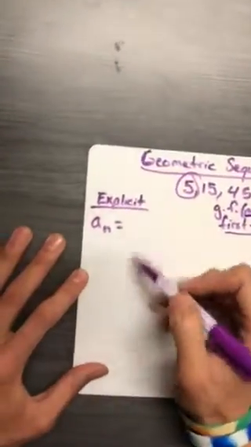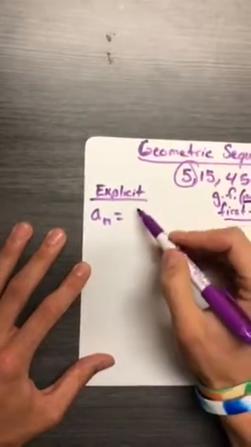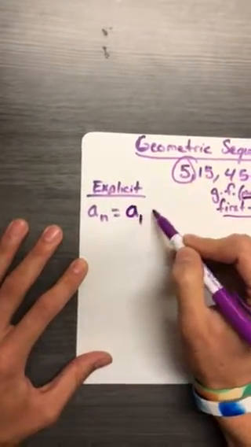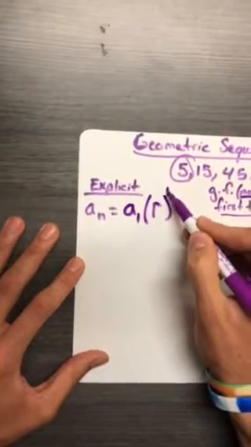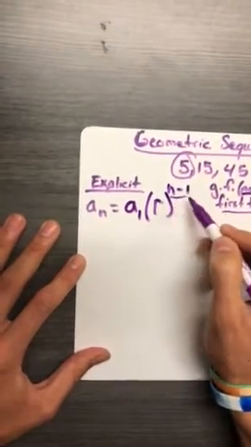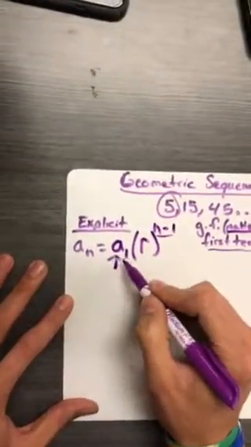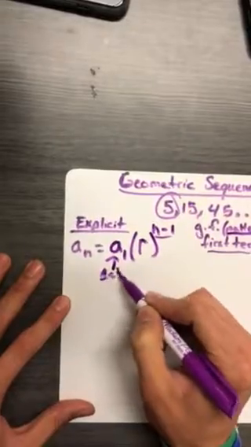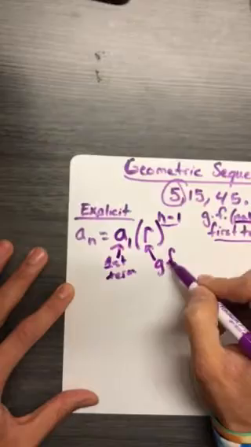So for explicit functions, they look like this for a geometric sequence. a sub n equals a sub 1, which stands for your first term, times parentheses r to the n minus 1 in the exponent. a sub 1 is our first term, and r represents your growth factor.